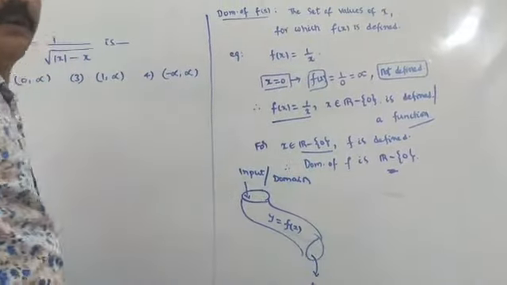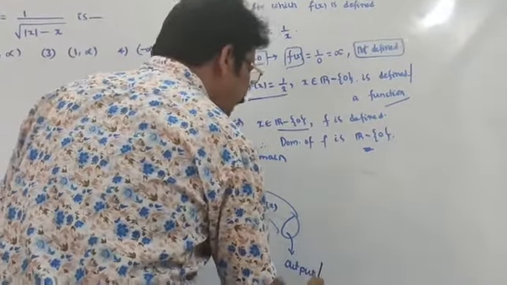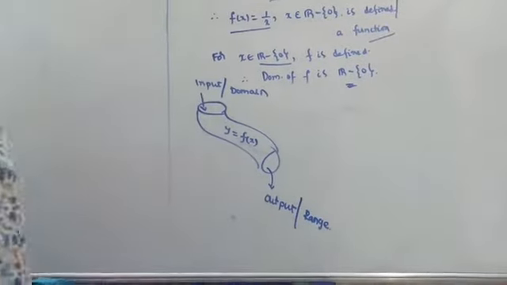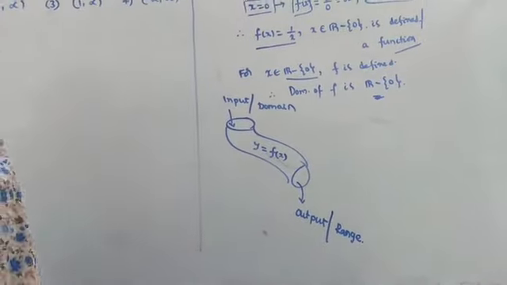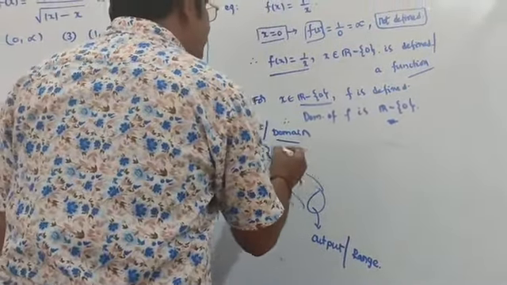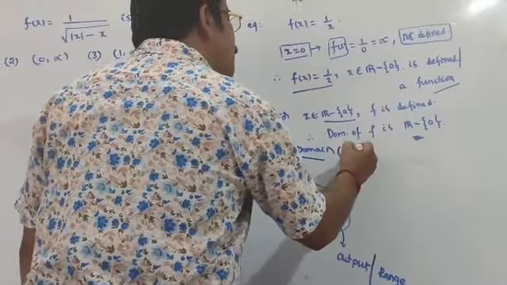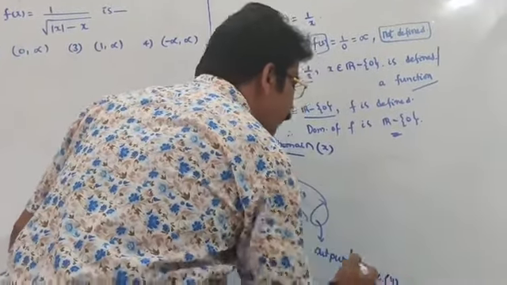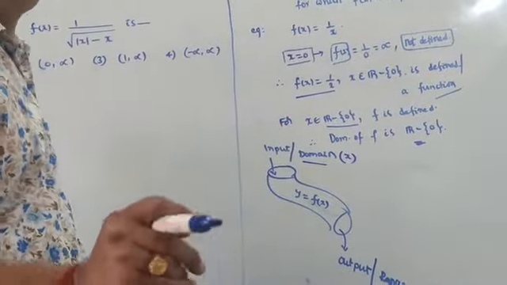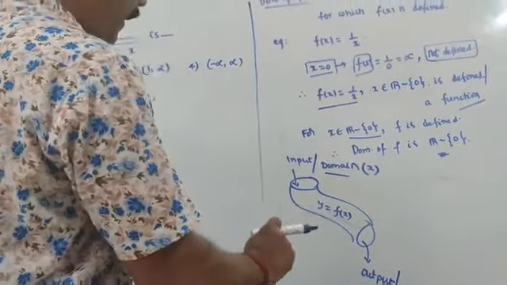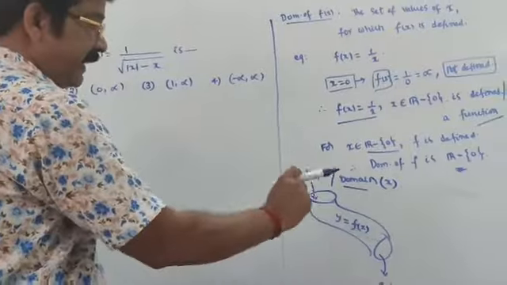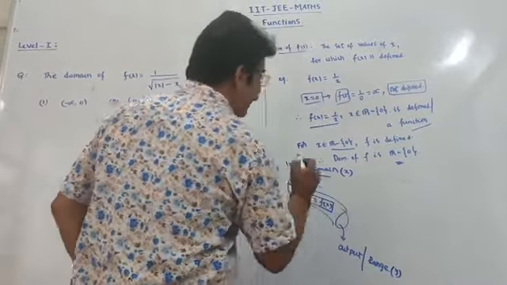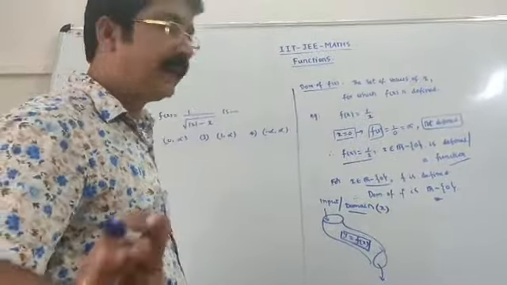Output value is called range. Domain means these are values of x, and range means these are values of y. This is a small, very good, beautiful notation for input, output, domain, range, x values, y values for y equal to f of x.